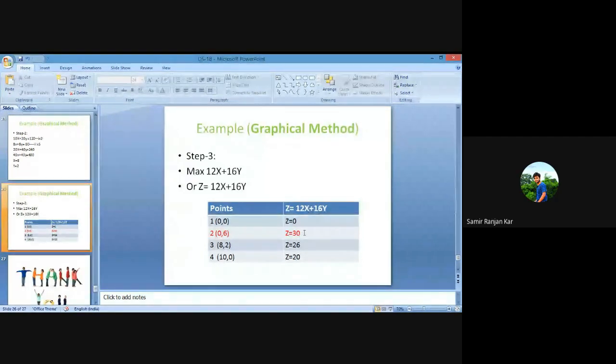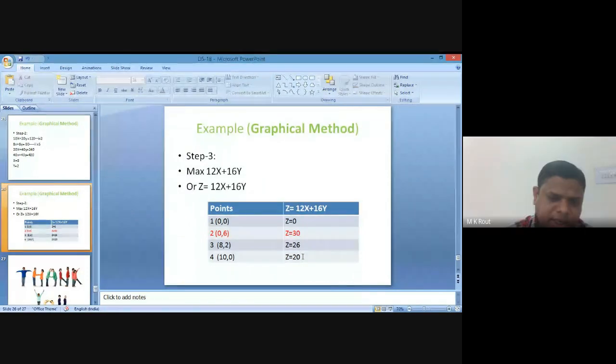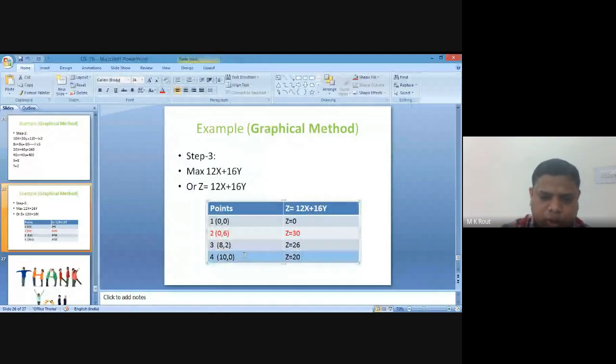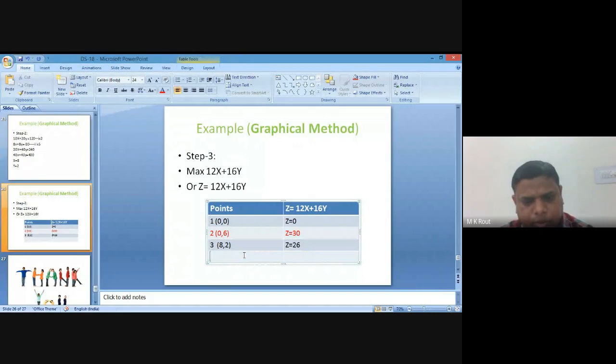If you take the intersection point, it's okay. If you do not take this point, you are already getting the values. For easy understanding, that's why I put it. Clear?